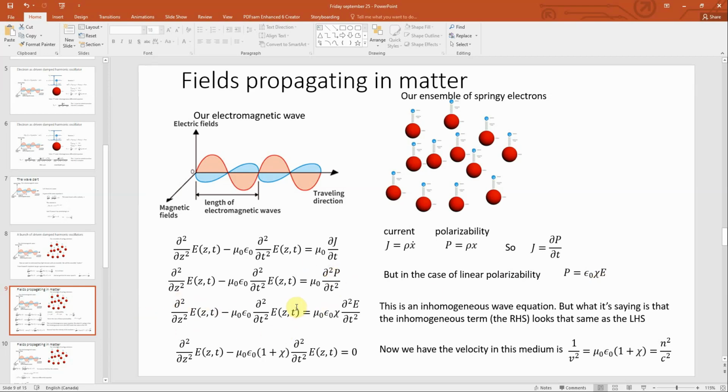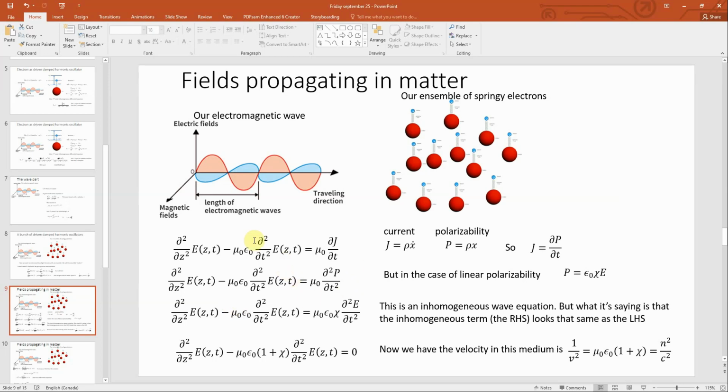So now we substitute that into our second order differential equation here, and that means that we get our second order partial differential equation on the left-hand side, which is actually our wave equation, equal to mu naught epsilon naught chi times the second order derivative of the electric field with respect to time. And so this is an inhomogeneous wave equation. But what this is saying is that the inhomogeneous term, the right-hand side, actually looks like the left-hand side.